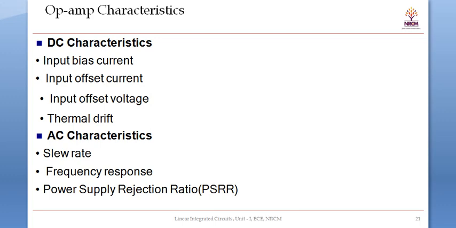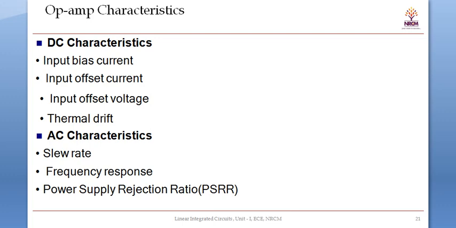If IB1 is the current flowing through the inverting input terminal and IB2 is the current flowing through the non-inverting input terminal, then the average, (IB1 plus IB2) divided by 2, is called the input bias current. It is denoted by IB, and its value is 500 nanoampere for the op-amp.